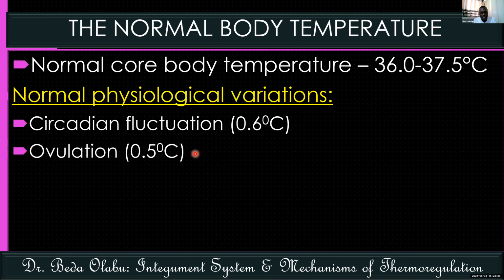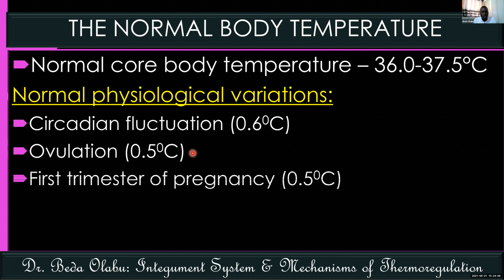Also, for women, at the time of ovulation, your body temperature rises by about 0.5 degrees. I am not so sure why, but we know that during ovulation, the body temperature rises. The first trimester of pregnancy is also characterized by a slight elevation of body temperature.